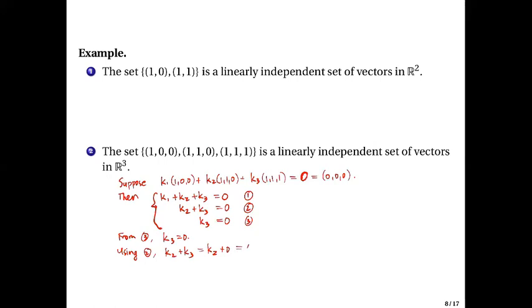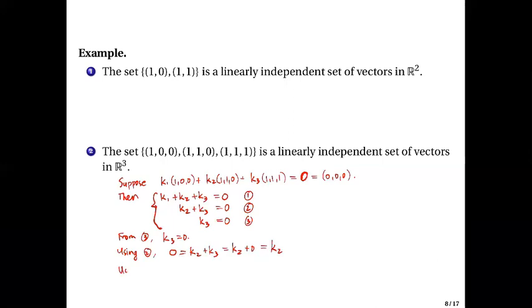Sorry, let me adjust this. So let me put the 0 on this side coming from equation 2, and on this side it's your k2 plus 0, which is equal to k2. So k2 equals 0.